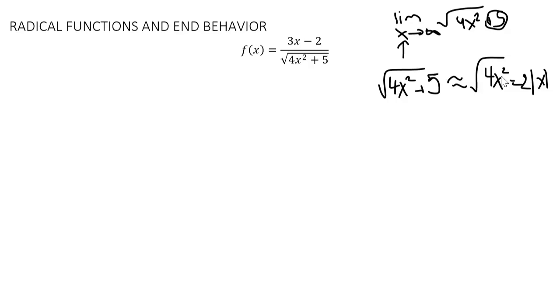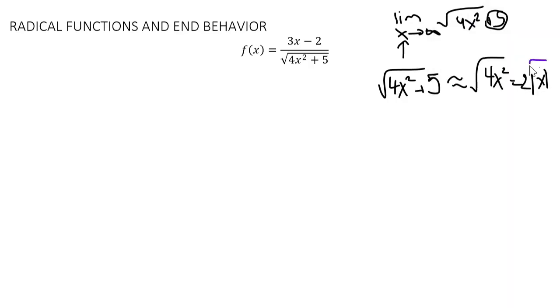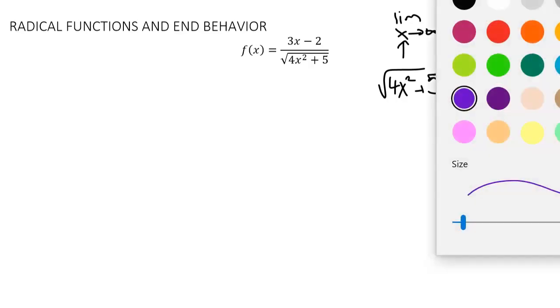So for very, very large values of x, this entire expression is about 2 absolute value of x. This leaves us with the idea that this problem is best solved if we can factor out an absolute value of x. So here's what this process is going to look like.